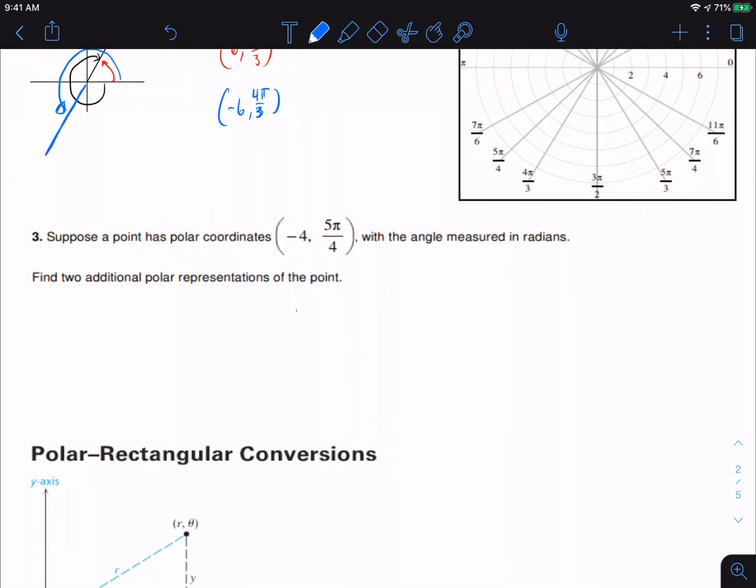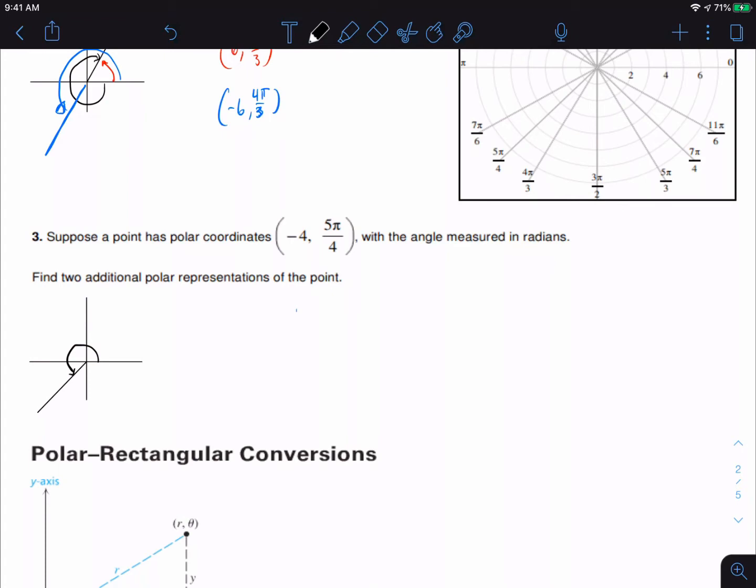So let's do number 3. And in this example, again, I just want to draw it so you guys can have the reference. I think it's powerful to have the reference. So I'm going to go 5 pi over 4, because that gives me if I'm walking forwards or backwards.